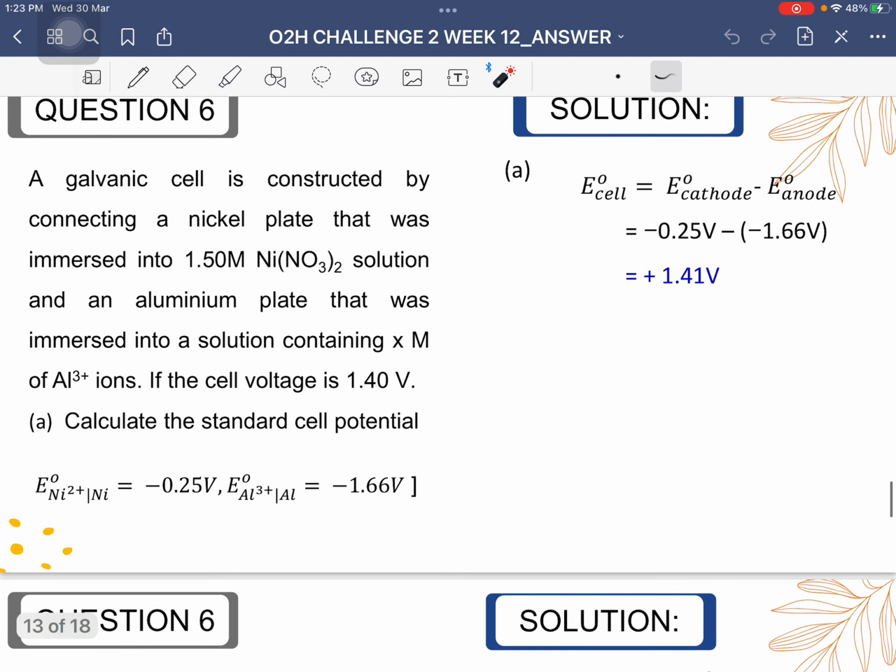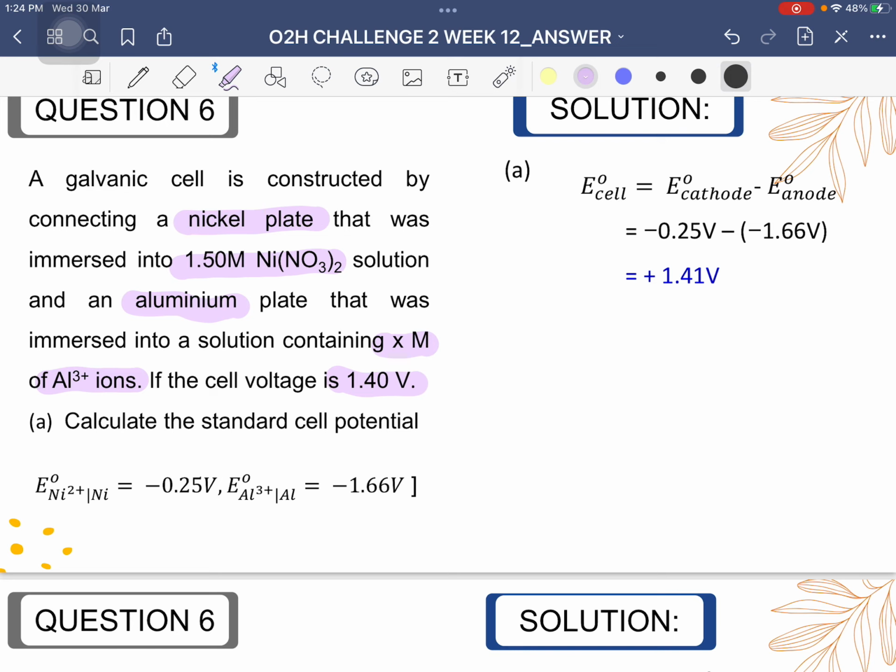Next, question number 6. A galvanic cell is constructed with a nickel plate immersed in 1.5 M nickel solution, and the other electrode is an aluminium plate immersed in a solution consisting of X molar Al3+. The cell voltage is 1.0 volt.